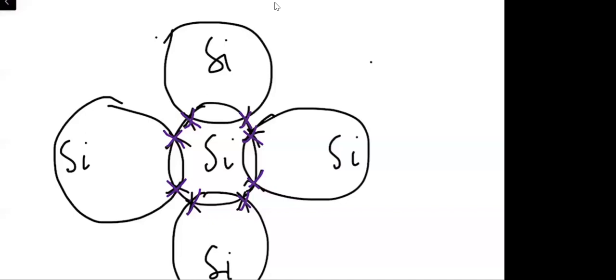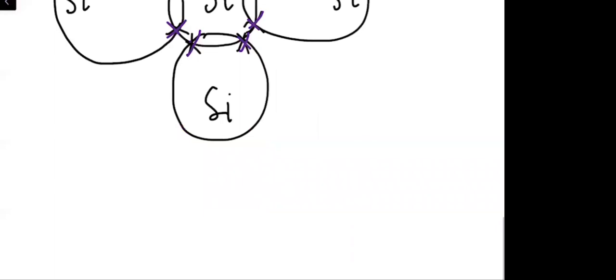So this is the pure semiconductor. Now, semiconductors are of two types.